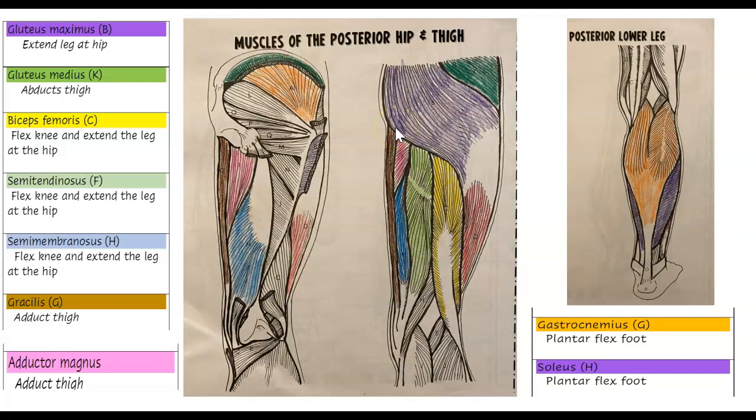On the inside here, you're going to have your gracilis, and it's going to adduct the thigh. And then you also have here your adductor magnus, which is also going to adduct the thigh. So your gracilis right here, which is in brown, is always on the medial side.